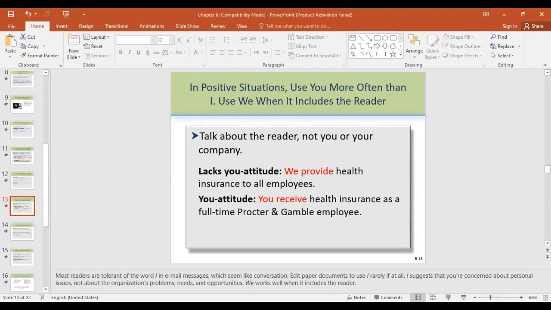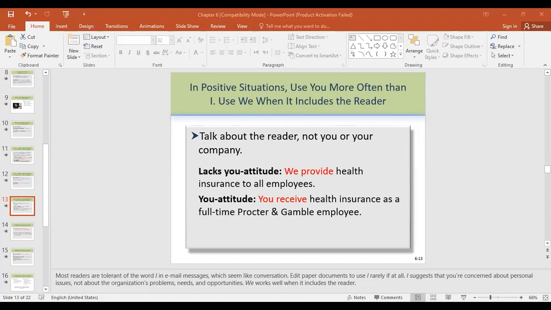So when I need to use we, particularly when it includes the reader. Talk about the reader, not you or your company. So the reader is the most important thing in this big circle. Also, we have an example here to understand better.